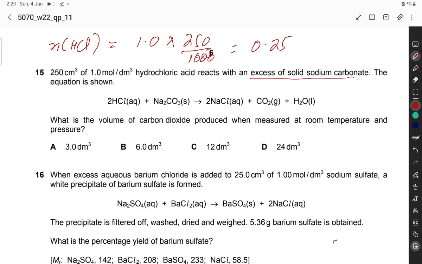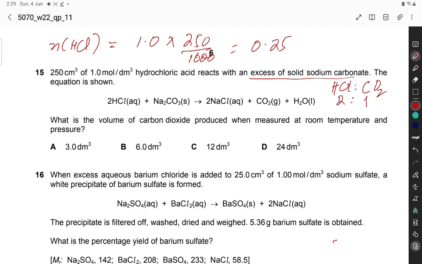So the mole ratio, HCl ratio carbon dioxide form 2:1.